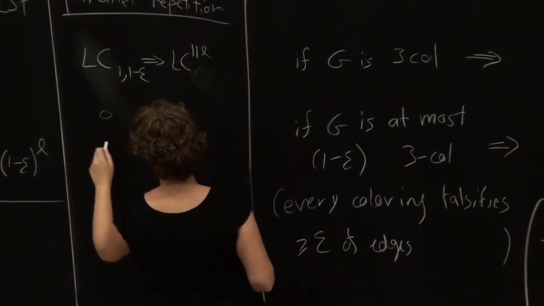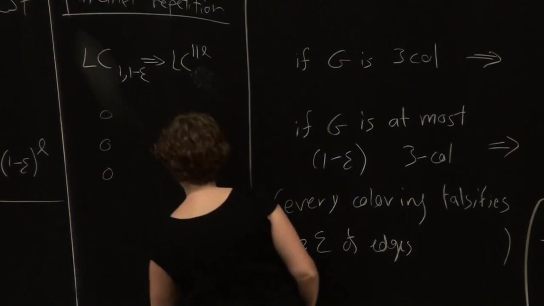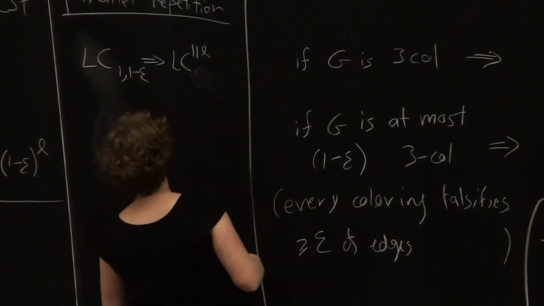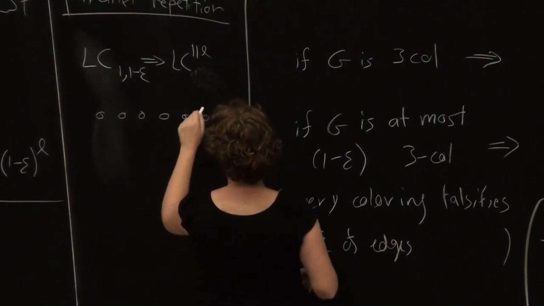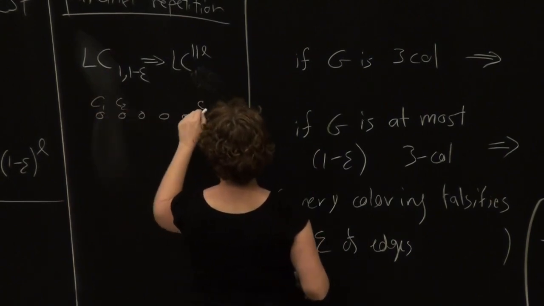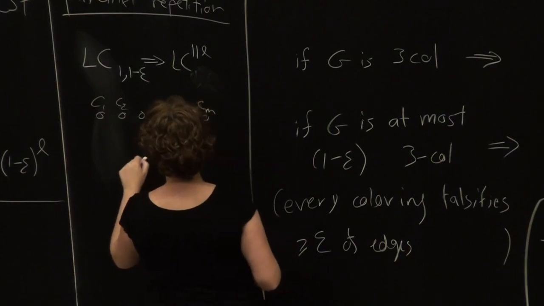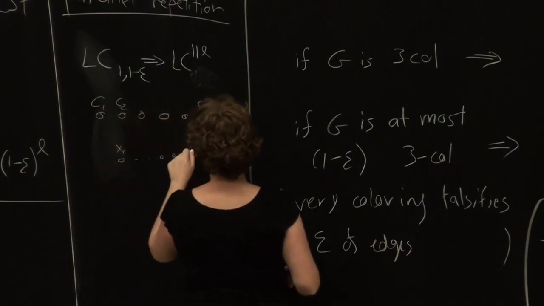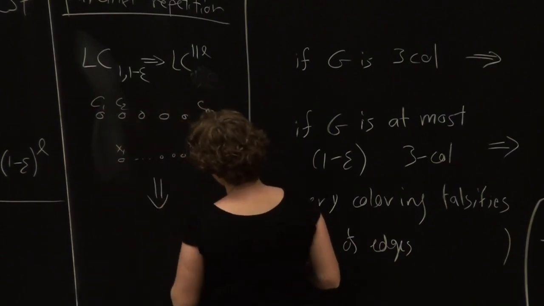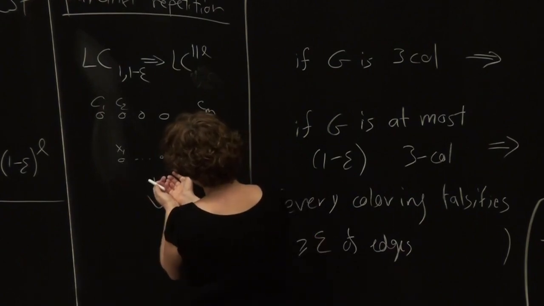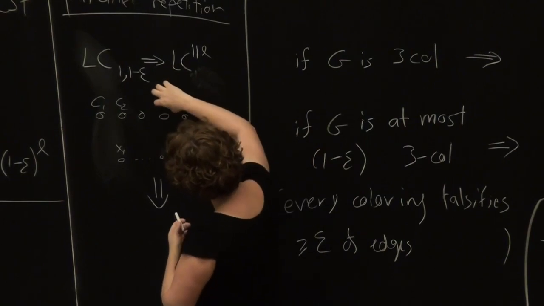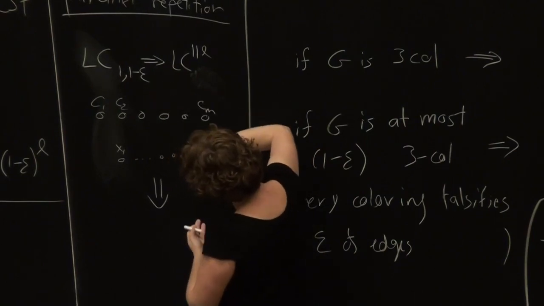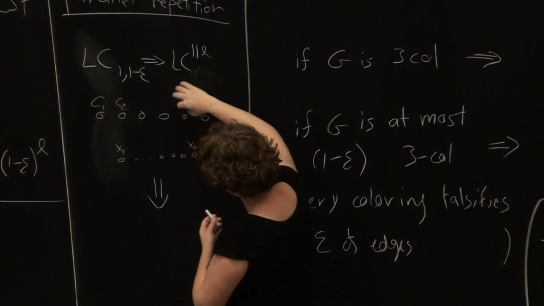I have this bipartite graph with these clauses C1, C2 up to Cn, and the variables x1 up to xn. The conversion takes L tuples of variables and L tuples of clauses, and it compares an L tuple of clauses to an L tuple of variables that are contained within this clause.